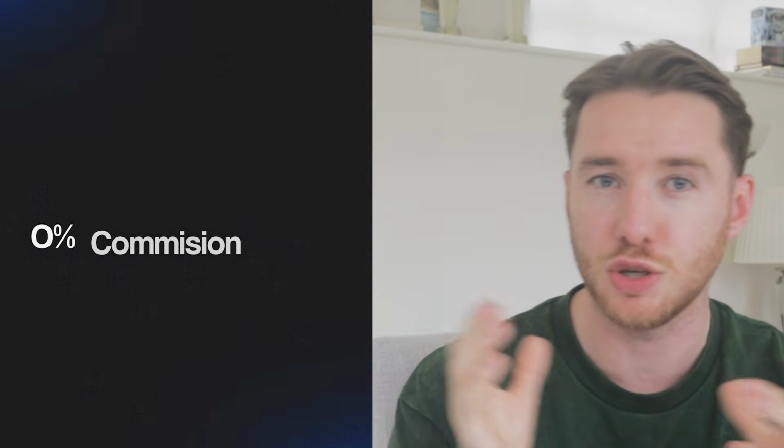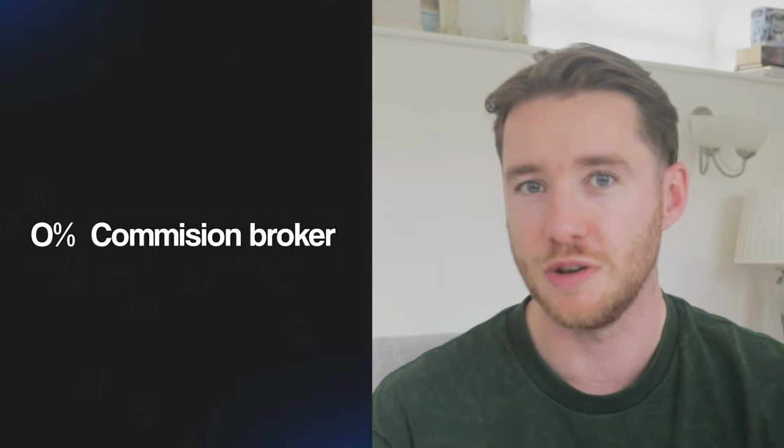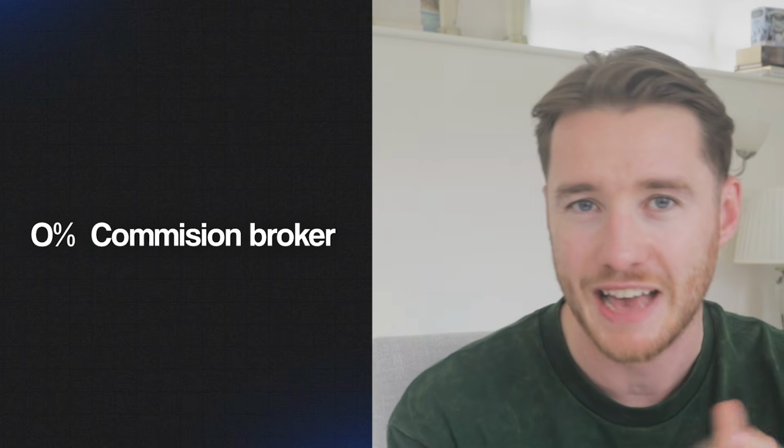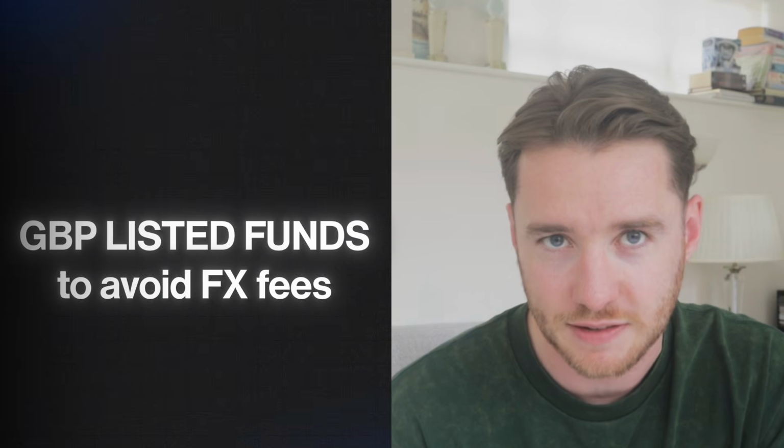And of course, if you are using a zero commission broker to invest, then you won't pay these trading fees at all. FX fees, you will pay this as another type of trading fee, essentially, if you were investing in a foreign denominated fund, a fund listed in USD, for example. Simply invest in GBP listed funds to avoid these FX fees.